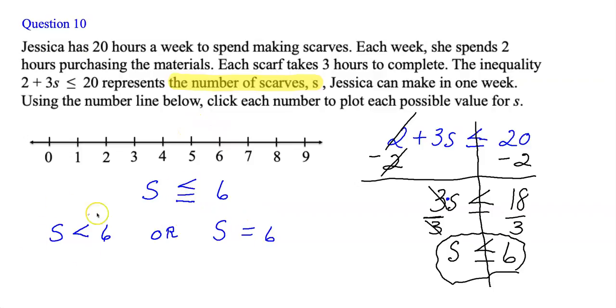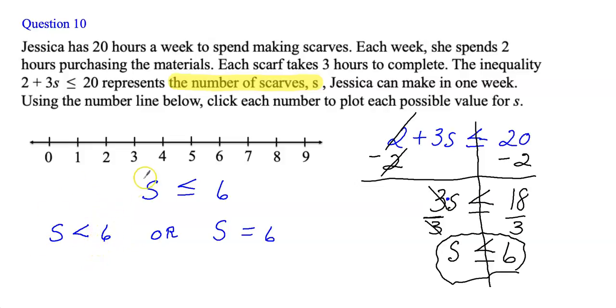Now we need to go ahead and put this information on the number line. Let me go ahead and erase this real quick. And again, this means the number of scarves that Jessica can make is less than 6. So let's put this on here first, but let me just explain one important piece of information.